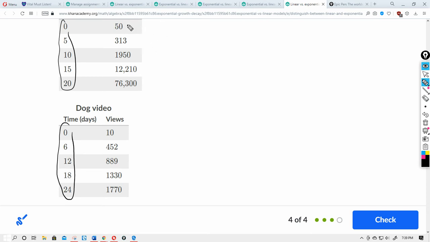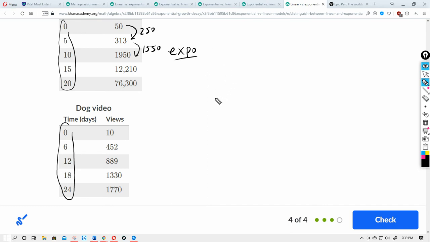So over here, I'm just going to estimate 300 minus 50. This goes up by 250. And then 1950 minus 300. This goes up by 1550. Okay, so it's definitely not linear. It's not going up by the same amount each time. So this is going to be an exponential.